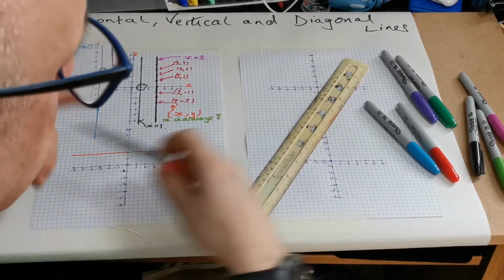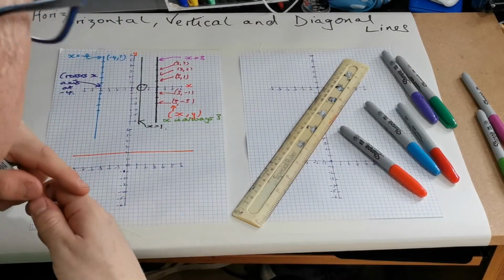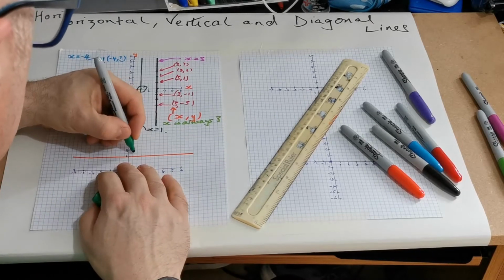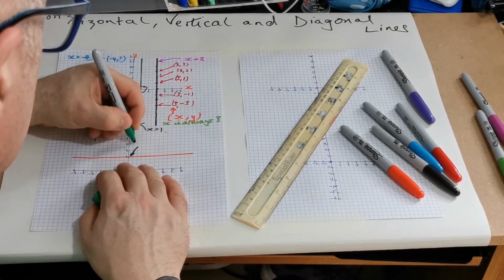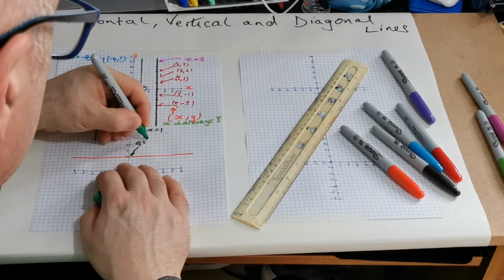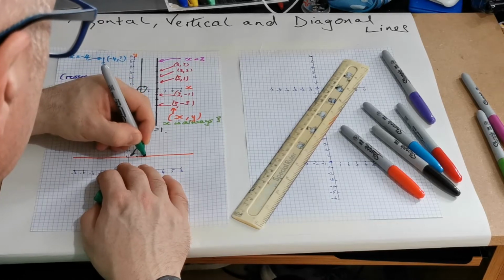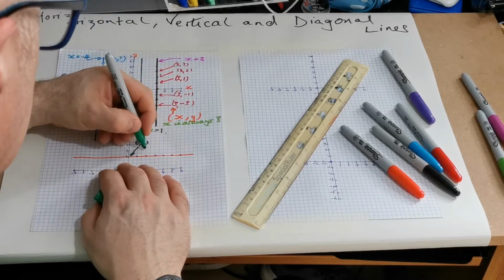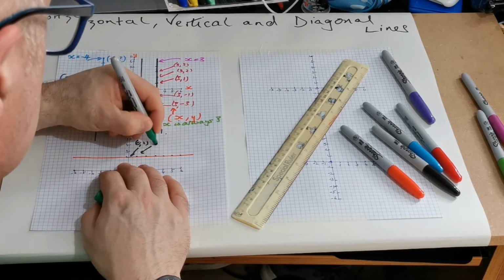So if I look at this line here and consider some of the points along it, I can see that I've got 0, 2 there. This is 1, 2.